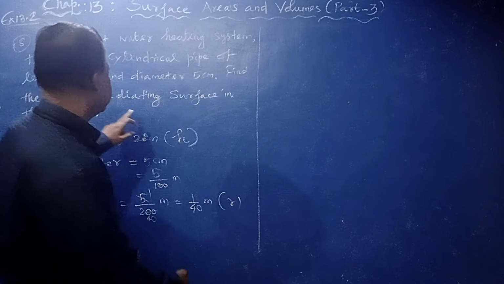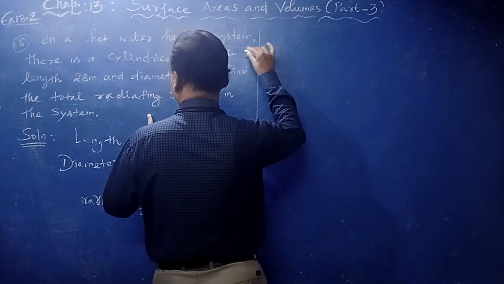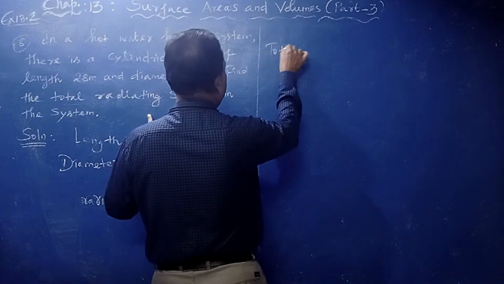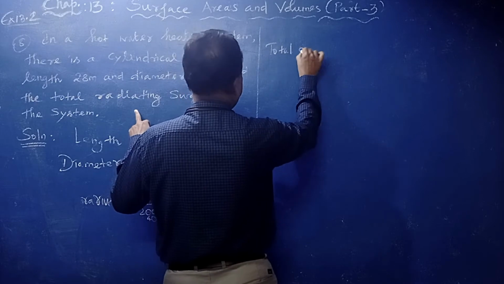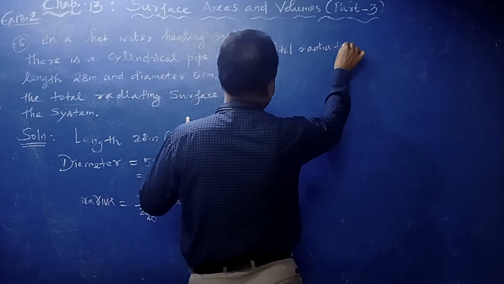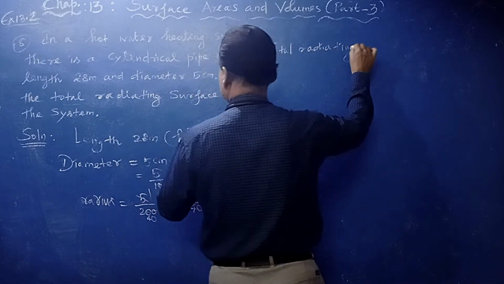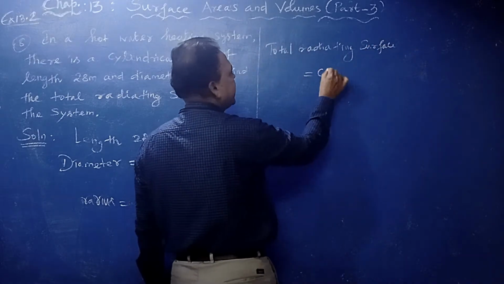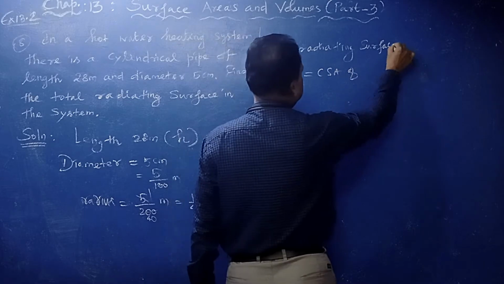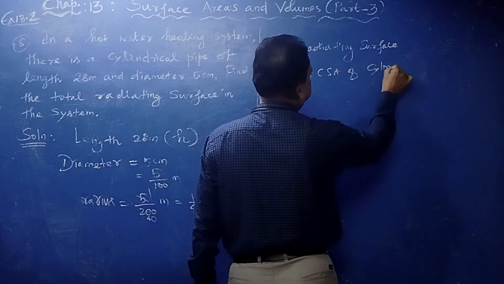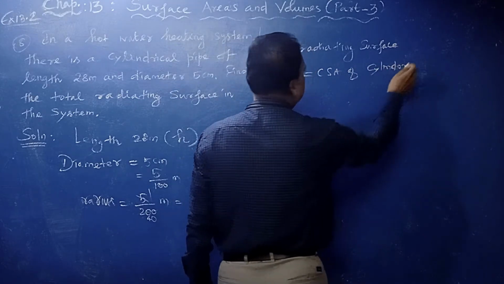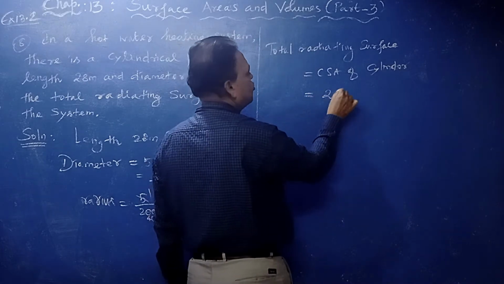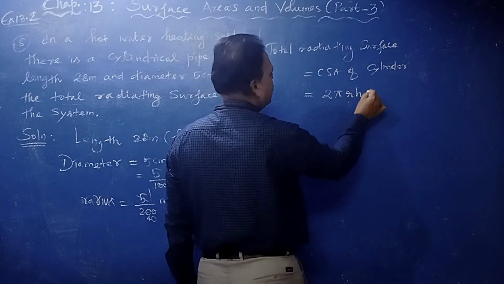Now the total radiating surface is equal to the CSA of the cylinder. What is the CSA of a cylinder? 2 pi r h.